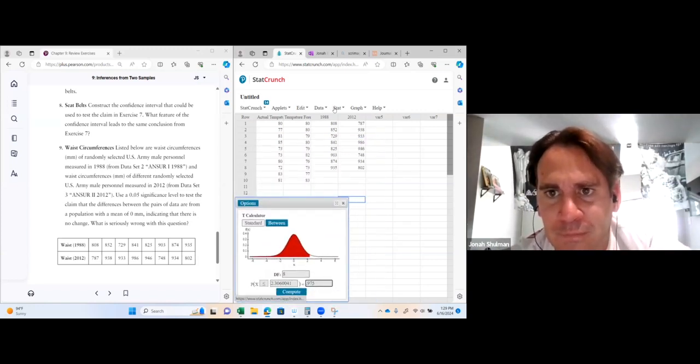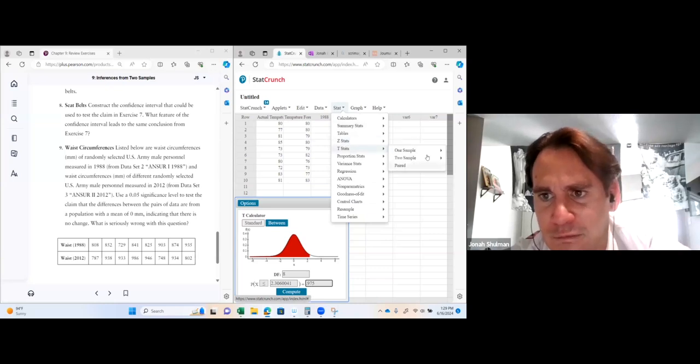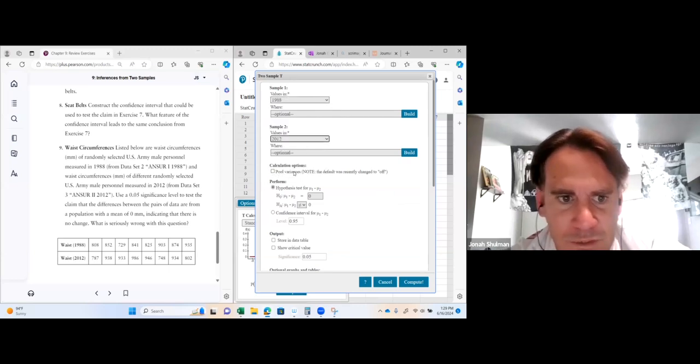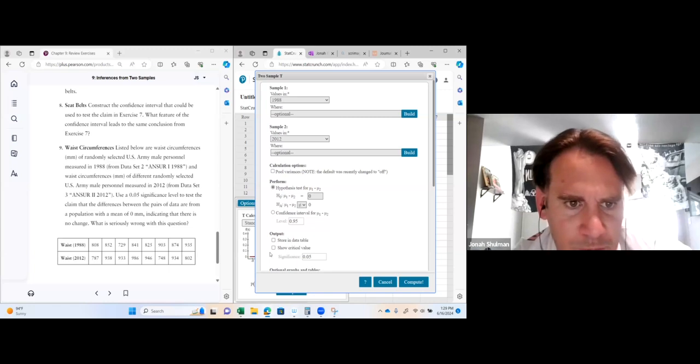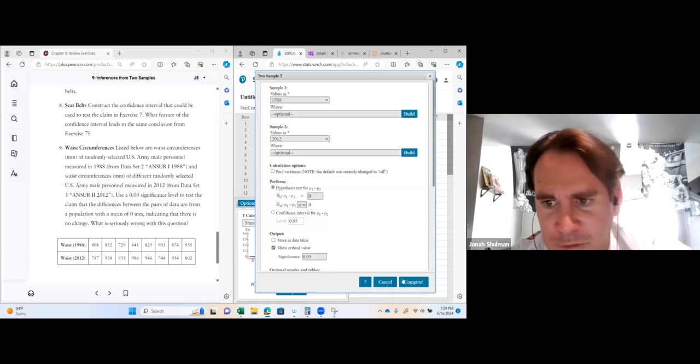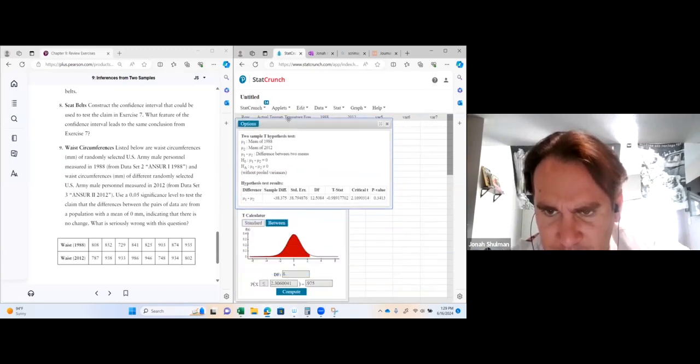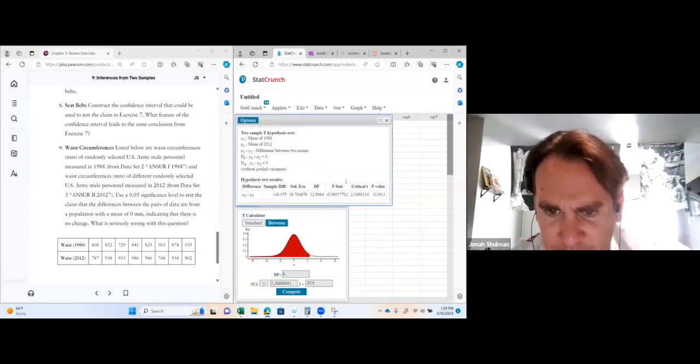T-stat two sample with data, 1988, 2012. They just want it different. We're talking critical value at 0.05. Let's see what they get. Their T statistic. Their critical is 2.169. That's strange.